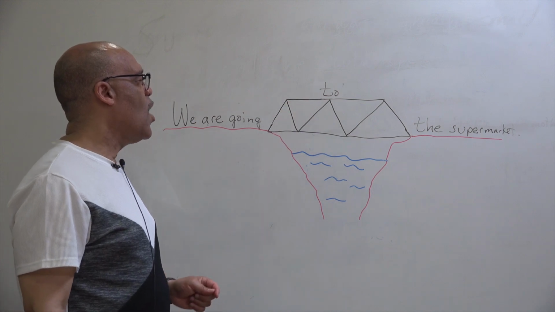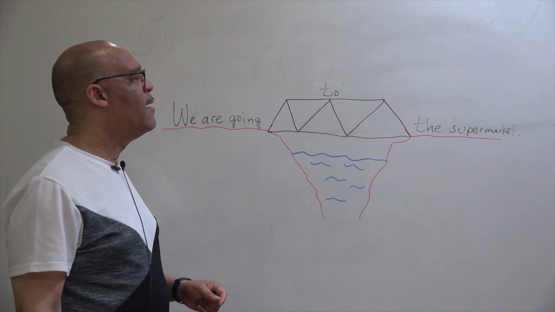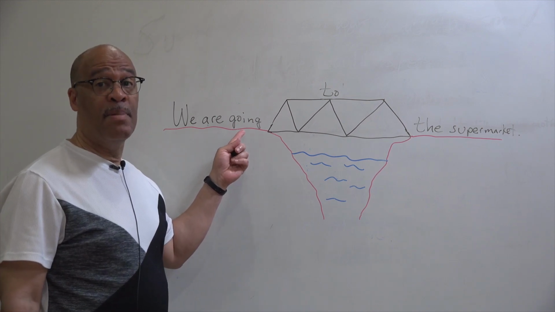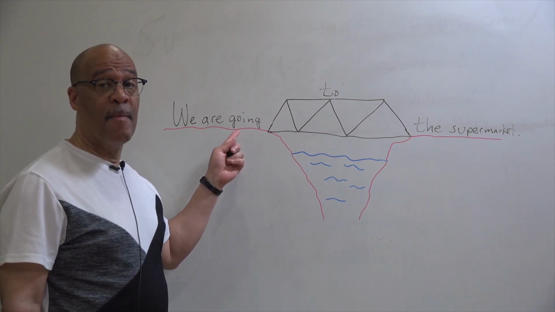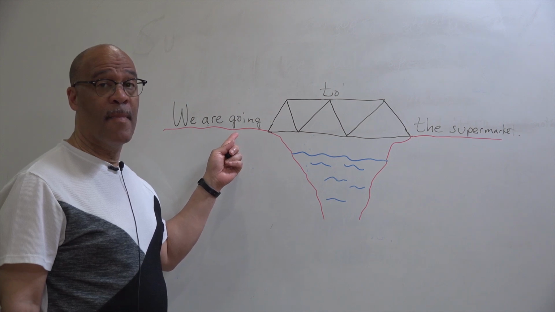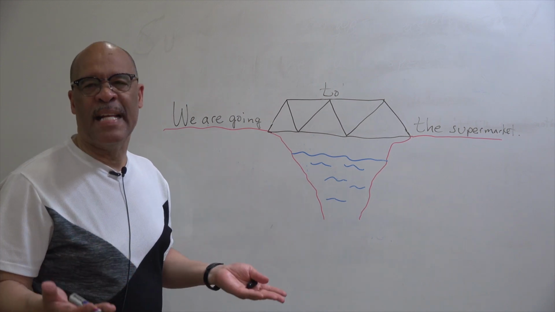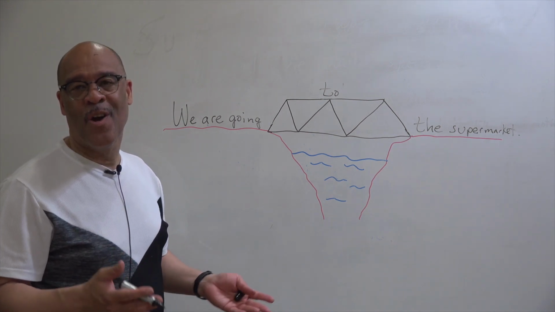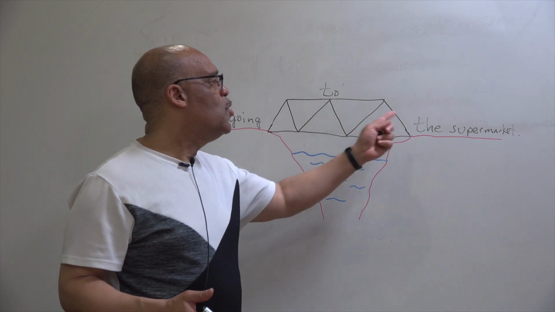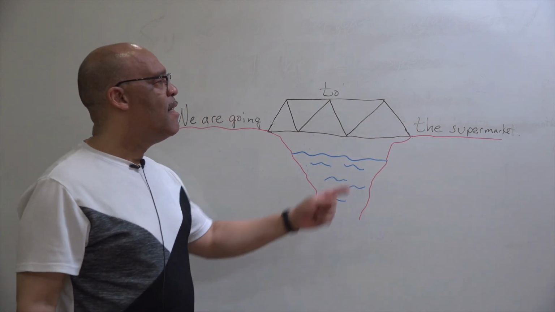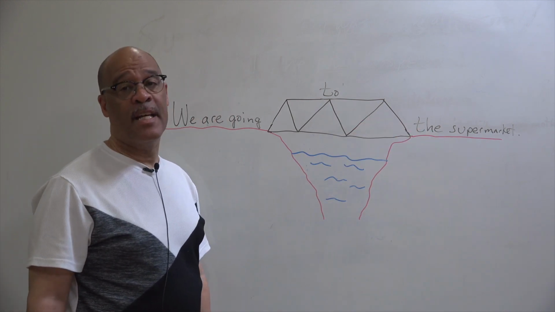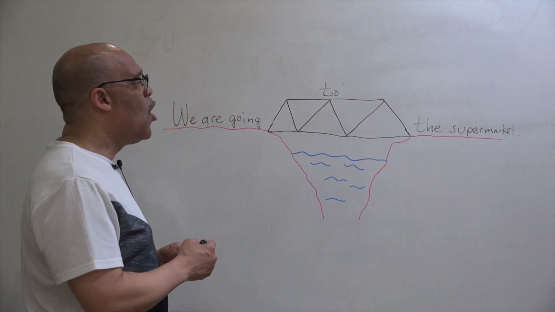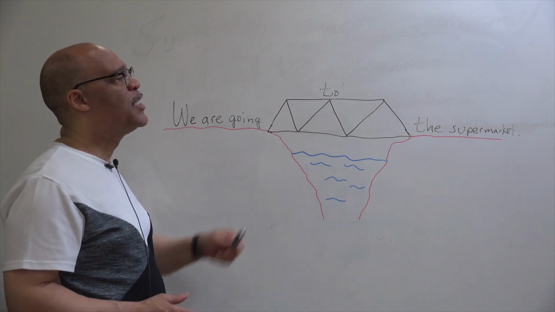To joins the phrases we are going, and actually, we are going can be a complete sentence. Or more of a response. Are you going? Yes, we are going. To the supermarket. The supermarket is not a complete sentence. We are going to the supermarket.